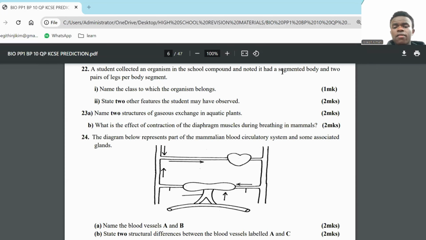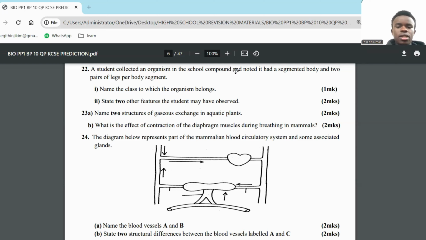First of all, being given a segmented body doesn't give you an exact way to identify which type of organism this is, because it may be from the class Chilopoda or class Diplopoda, all of which have segmented bodies. But being told two pairs of legs per body segment is specific to a certain class.